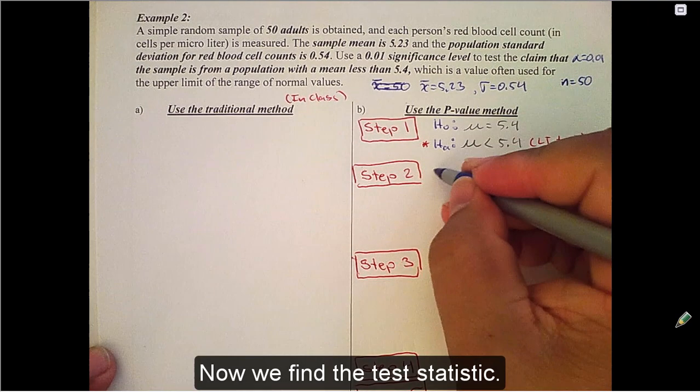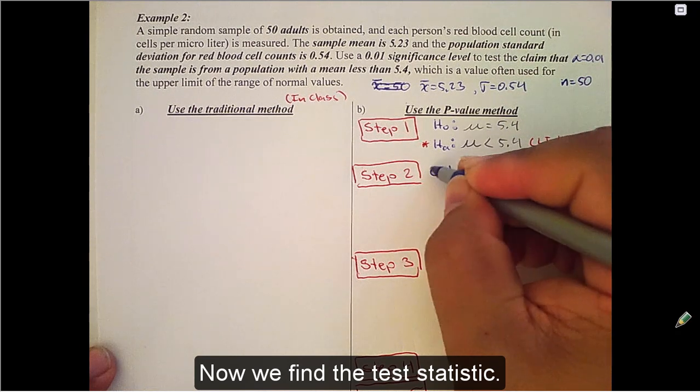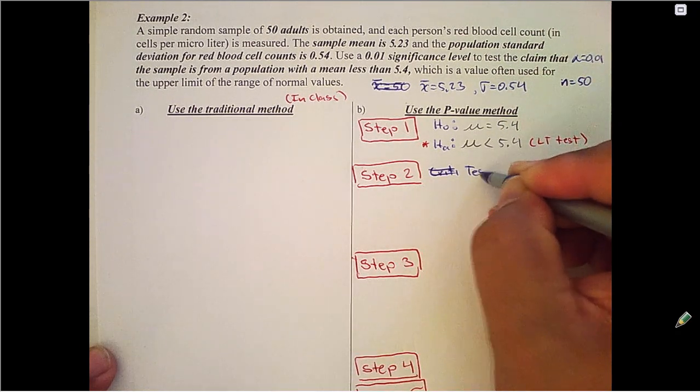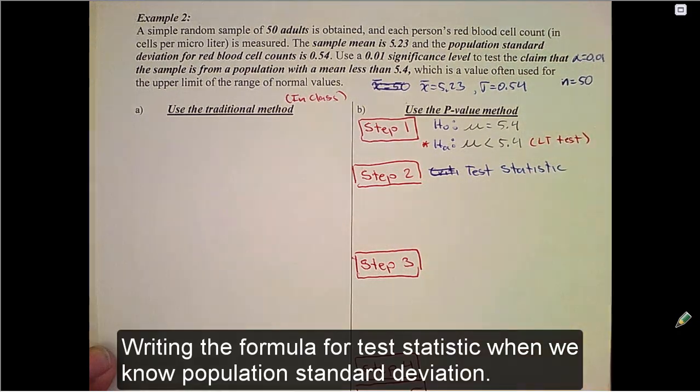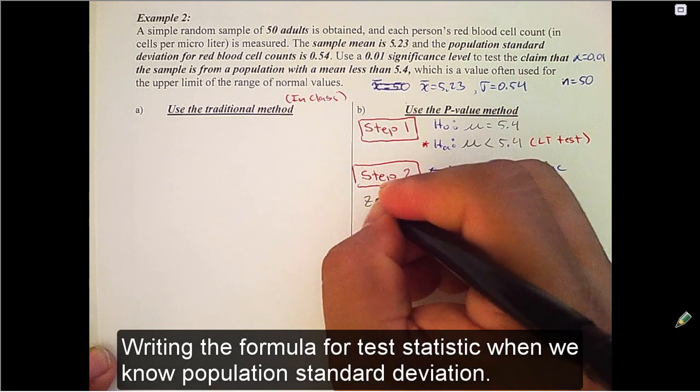Now we find the test statistic. Writing the formula for the test statistic when we know the population standard deviation.